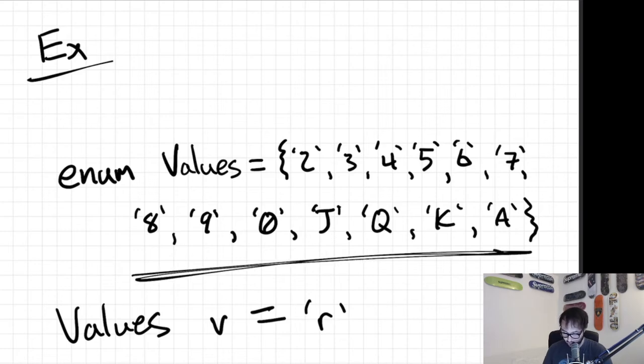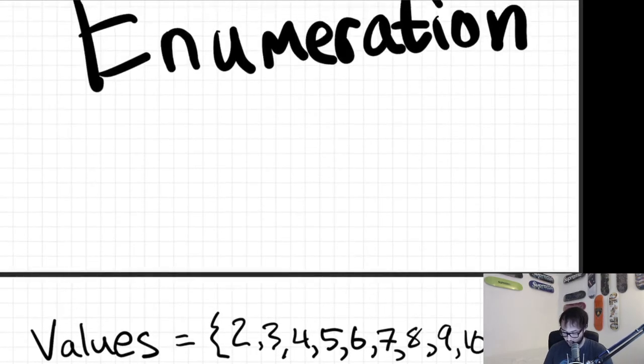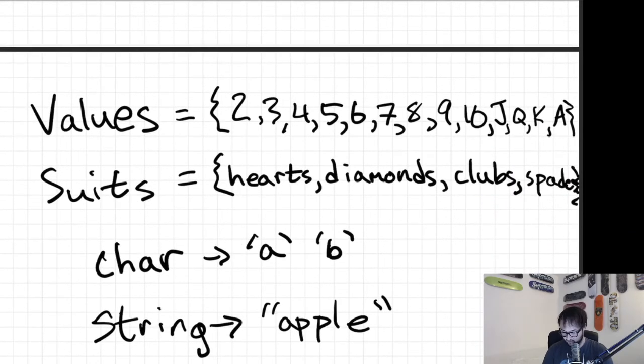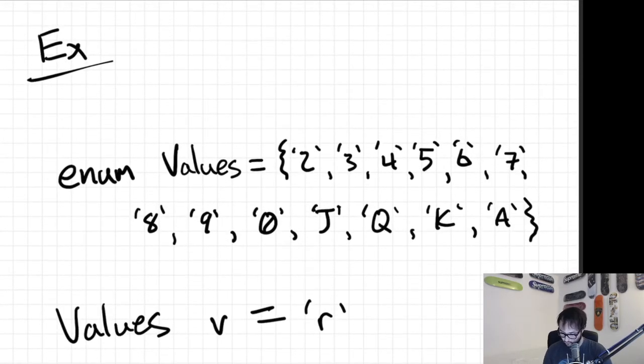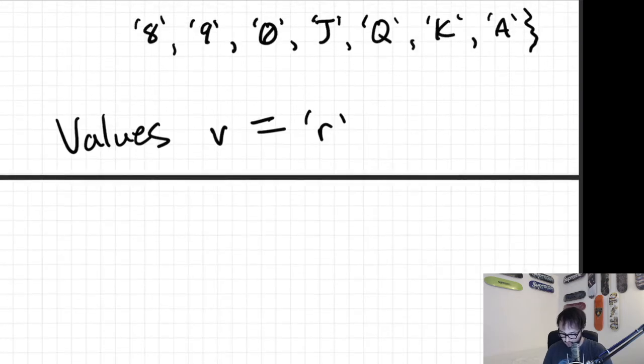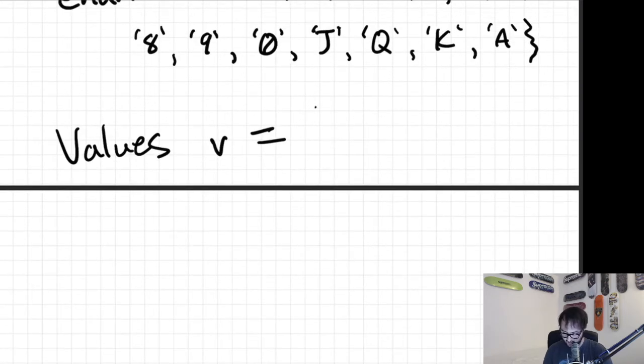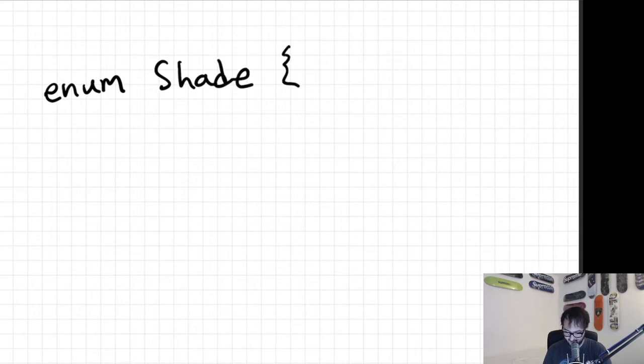And then we can also do the same thing for our suits. But say we did something like enum shade, and we said there was a shade called light and dark.